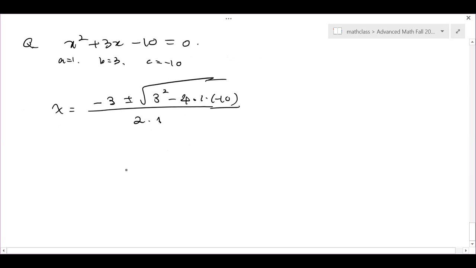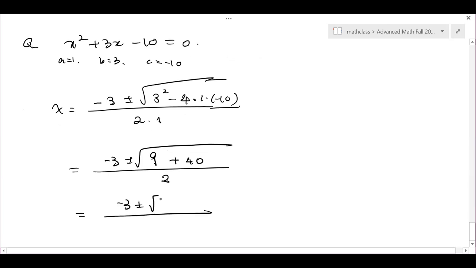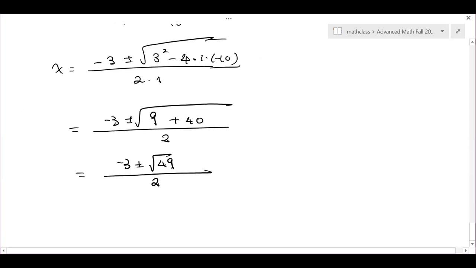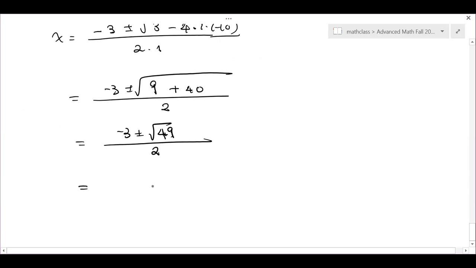Okay, so negative 3 plus or minus the square root of 9 plus 40, so that would be negative 3 plus or minus the square root of 49, divided by 2. So that's a 7: negative 3 plus or minus 7.